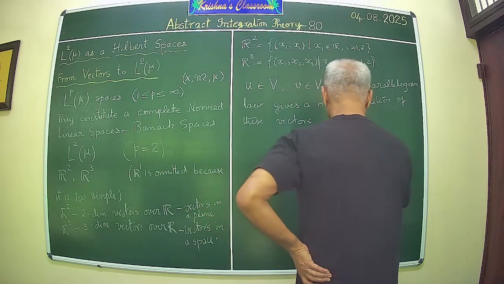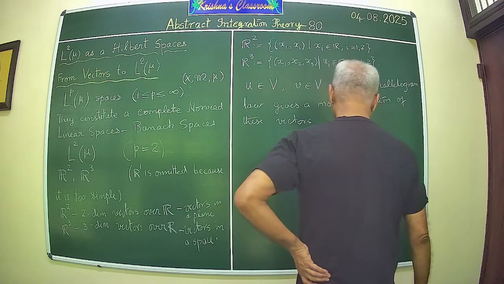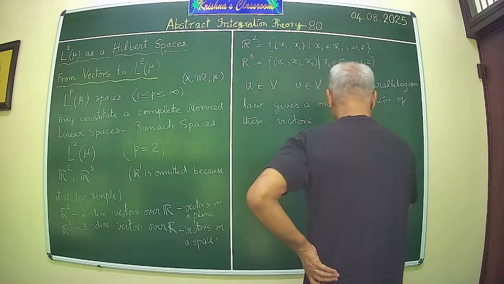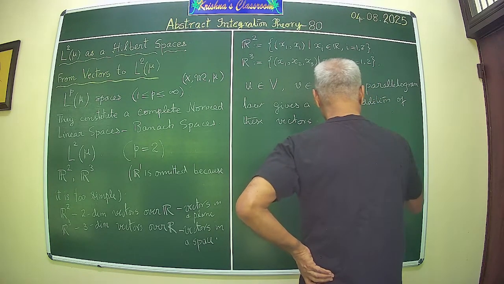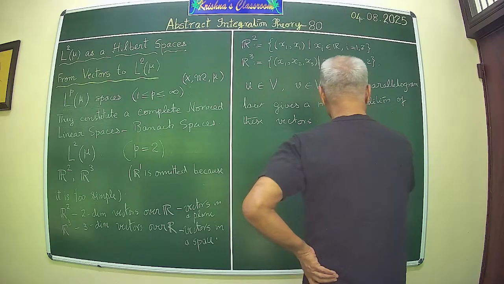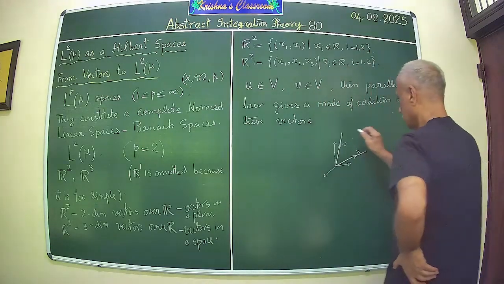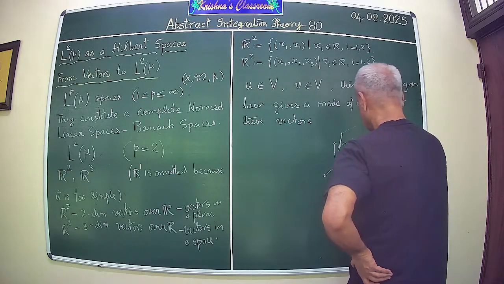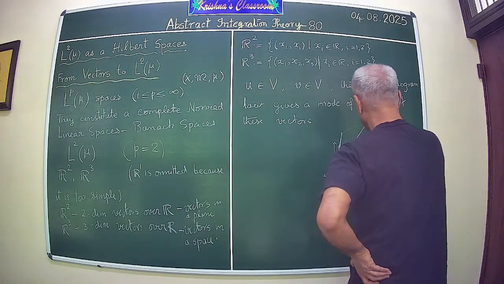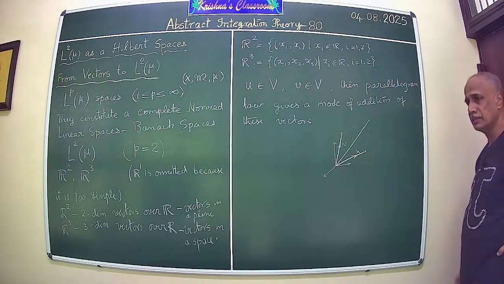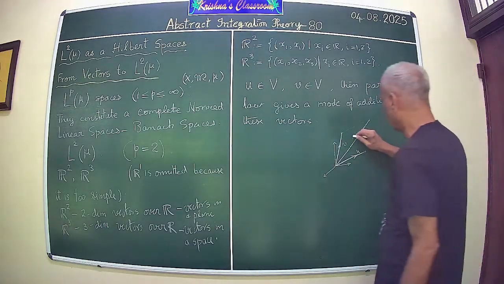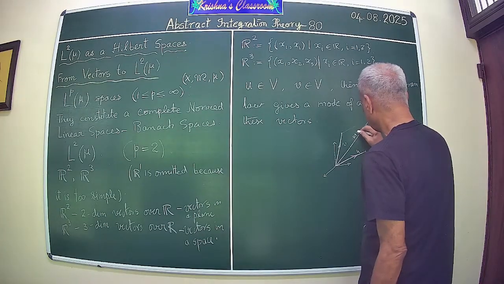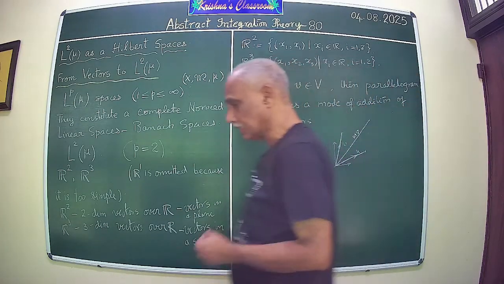For simplicity, this is the structure of R3. U is a vector, V is another vector, then they add up. These vectors add up using the parallelogram law. That means U plus V is the diagonal of the parallelogram with U and V as sides. This is the addition that you do.